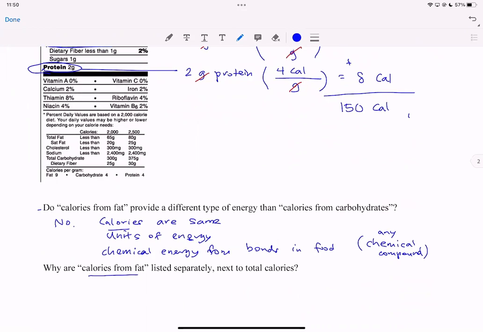The reason is this is for individuals, let's say individuals that are on a fat restricted diet. And the reason why people might be on a fat restricted diet is not from the calories, but from the fat itself. And we're going to talk about that, because saturated fats, we'll get into that, can lead to heart disease.